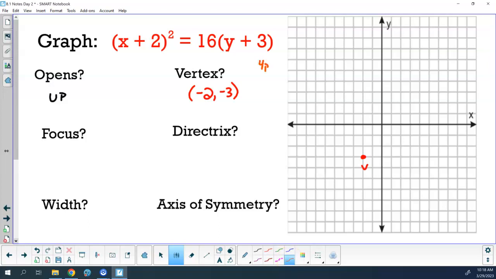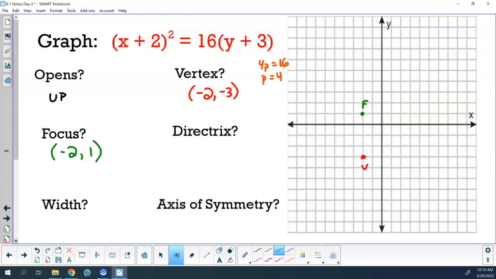4P is 16, so P is 4. Opens up, so my focus is up 4. So that would be the point -2, 1.